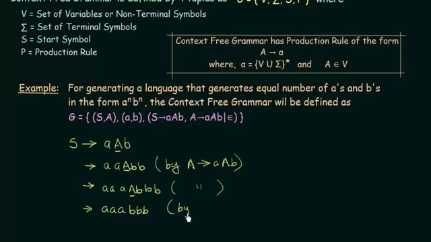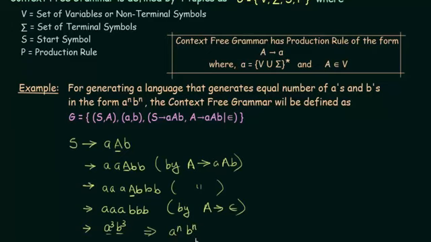So this is by the production rule which says that A gives epsilon. Okay, so we see that we finally get the string aaabbb. So this is of the form a power 3 b power 3. We see that the number of a's is equal to the number of b's. However much you expand, you will always get strings of this form where the number of a's will be equal to the number of b's. That means you can generalize and write a power n b power n.